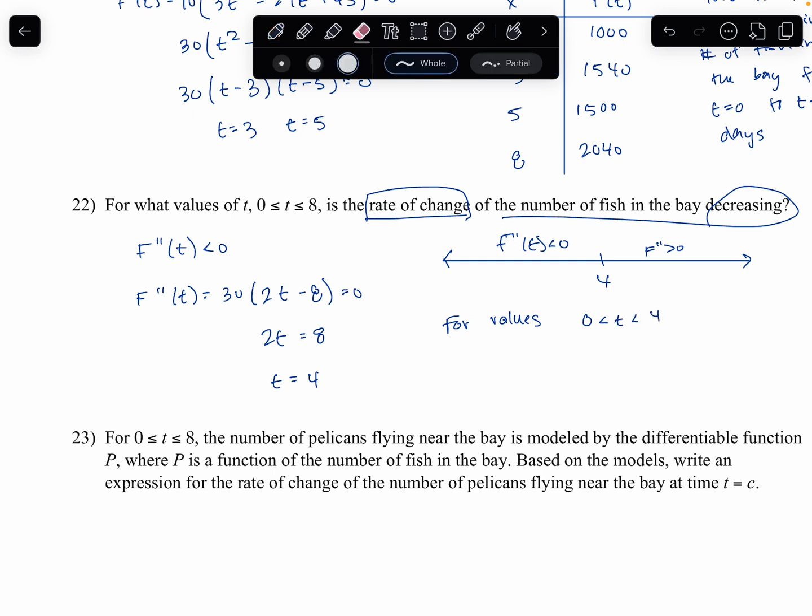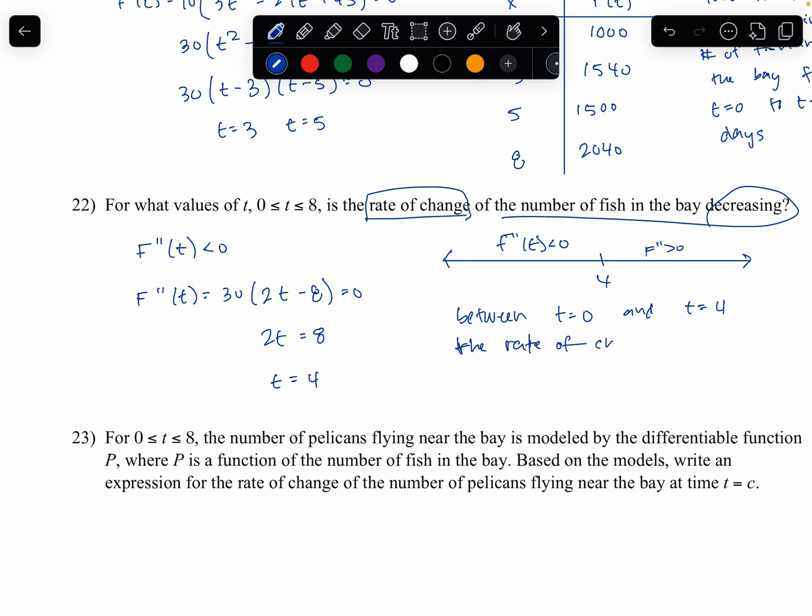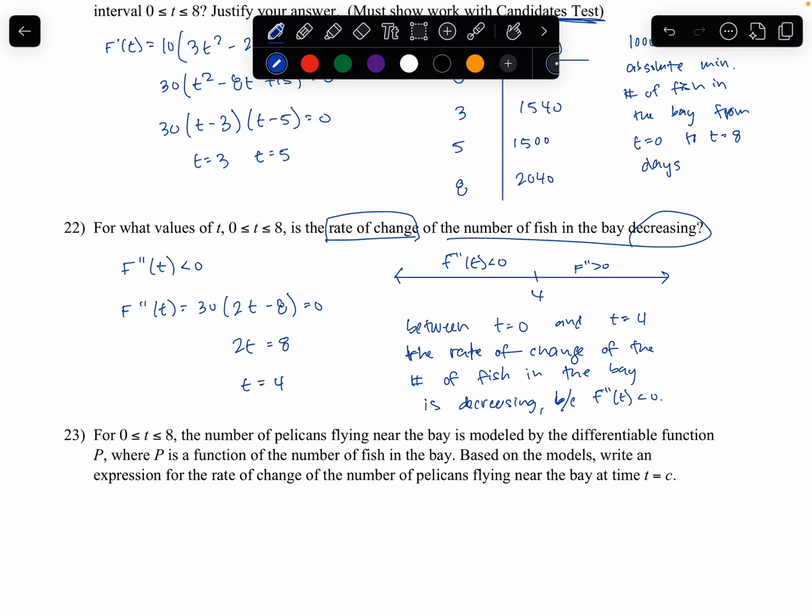You could even just say it like between t equals 0 and t equals 4, the rate of change of the number of fish in the bay is decreasing, because f double prime of t is less than 0. Okay, I think that should be good enough right there.